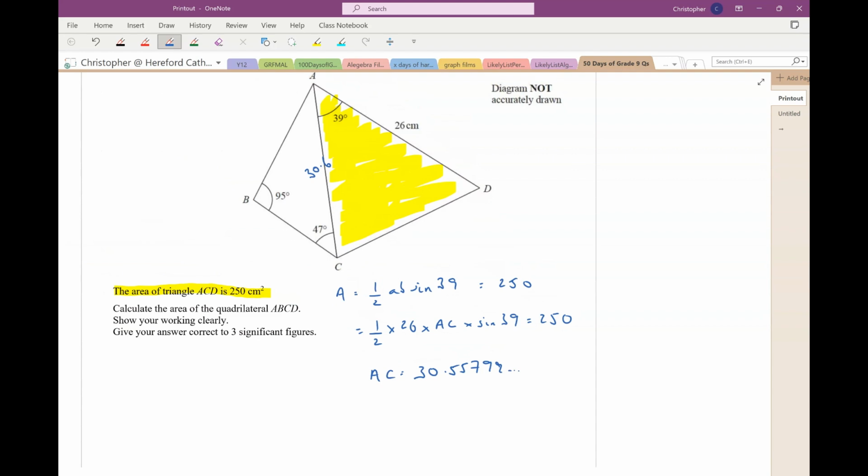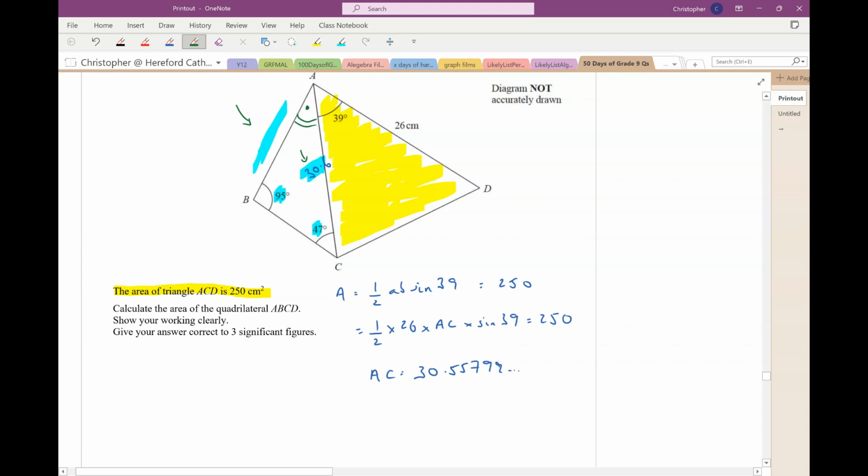Now, couldn't I now use the sine rule, because I've got that and that, so that and that will enable me to find that side length, and then I can find this angle, and then I'll have that side length and this angle, so I'll be able to find the area of that second triangle.